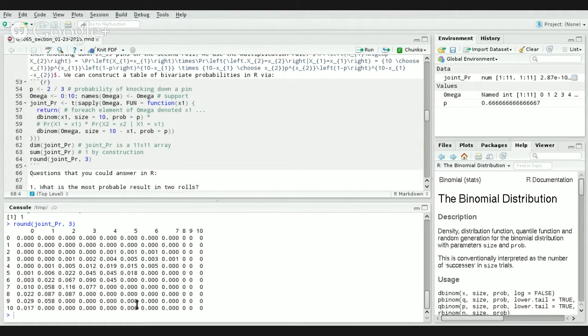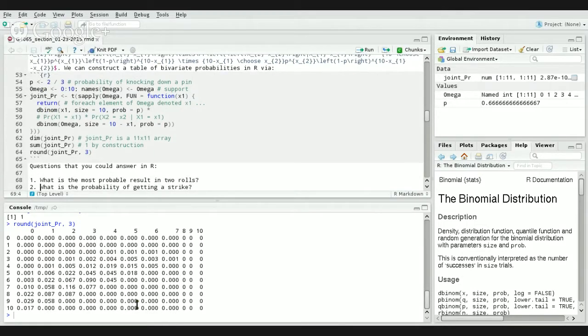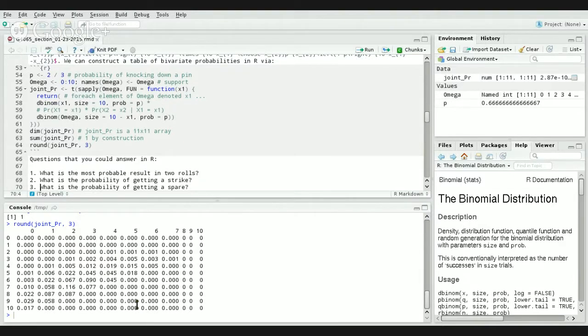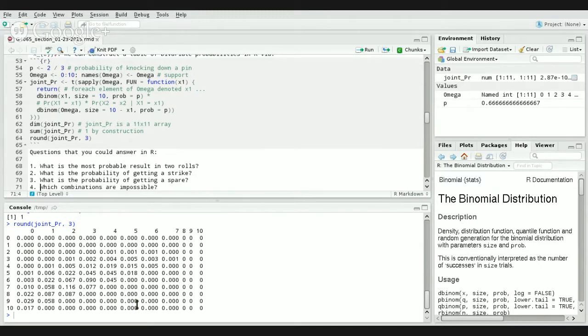Now, given this array of probabilities, there are several questions that you could answer in R. 1, what is the most probable result of 2 rolls in a frame of bowling? 2, what is the probability of getting a strike? 3, what is the probability of getting a spare, which is to say 2 rolls that add up to 10 pins knocked down, all 10 pins knocked down, excluding a strike, which knocks down all the pins on the first roll, and you don't even really get to do the second roll. 4th, what combinations are impossible due to the fact that you can only knock down 10 pins.